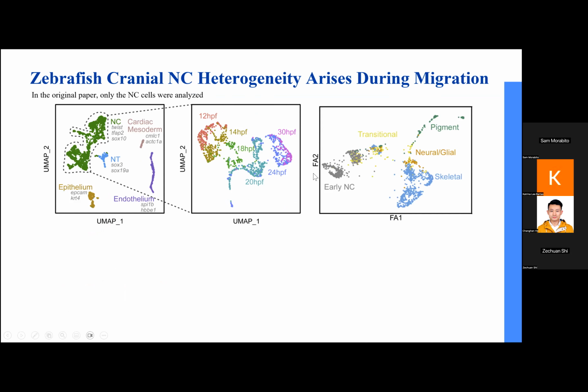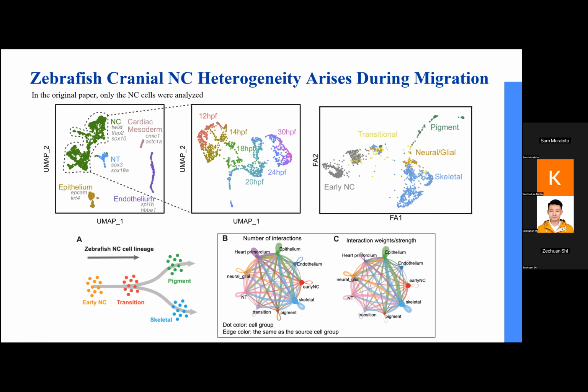They labeled the cells into 5 different groups. The interesting thing is that in their experiments, besides neural crest cells, they still have at least 4 cell groups that are non-neural crest cells. In the original paper, they only analyzed the neural crest cells.